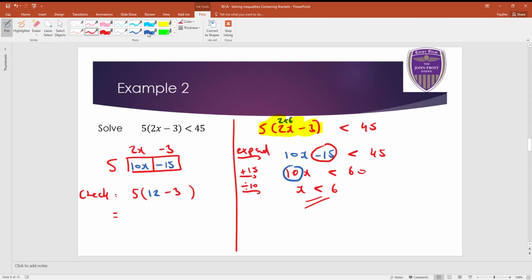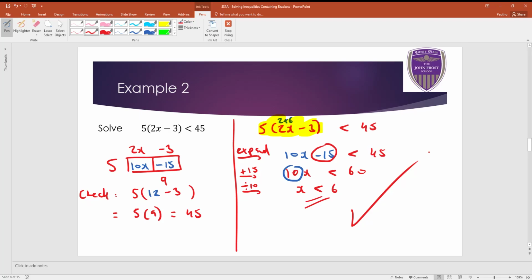Well, what's the bracket worth here? 12 take away 3 is 9. So 5 times 9 is 45. And that's right. Because when x is 6, I get exactly 45. But my x is less than 6. So I will get an answer less than 45. So I'm done again. Okay? Just like equations. No problem at all.